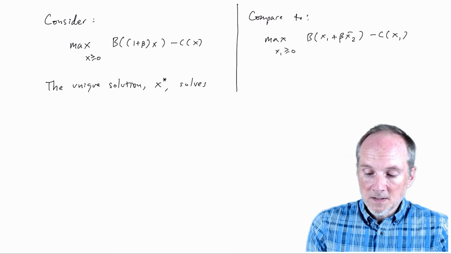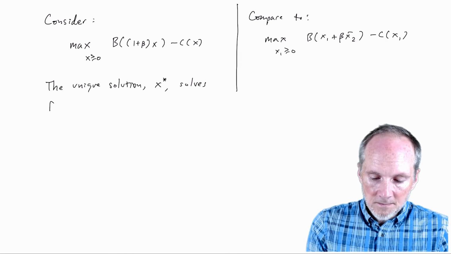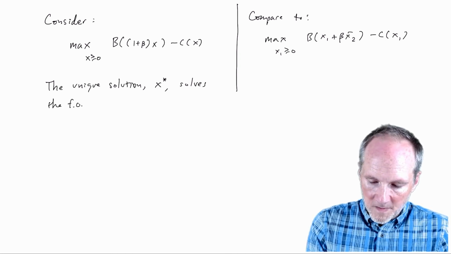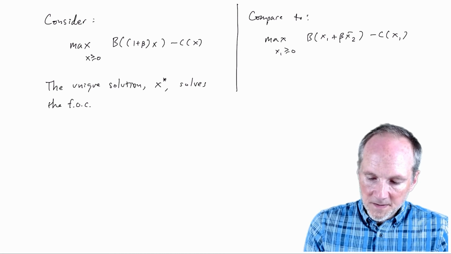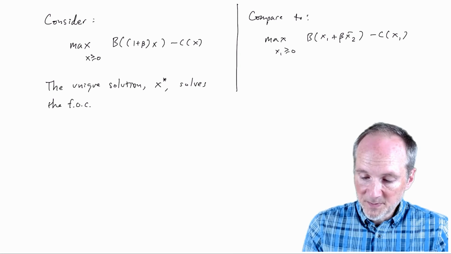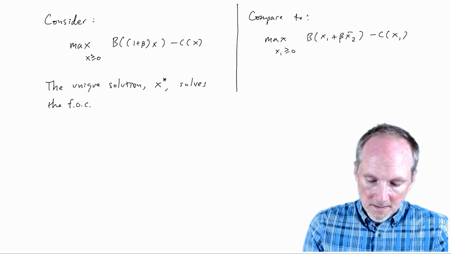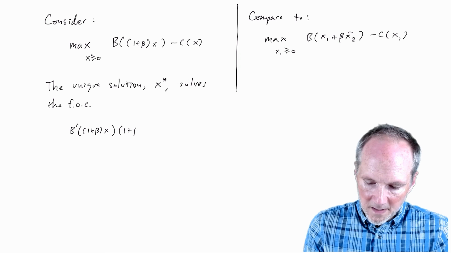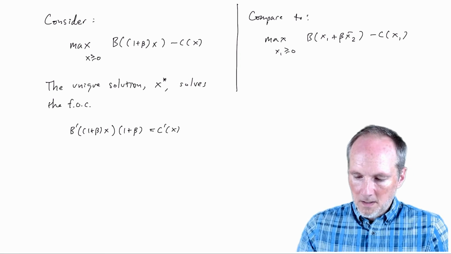So it's going to solve the first order condition for this problem, which is we're going to differentiate this objective function with respect to x, and we get this marginal benefit times 1 plus beta equals c prime x.